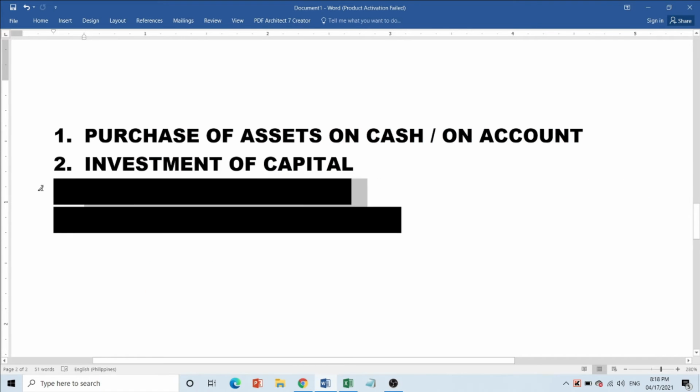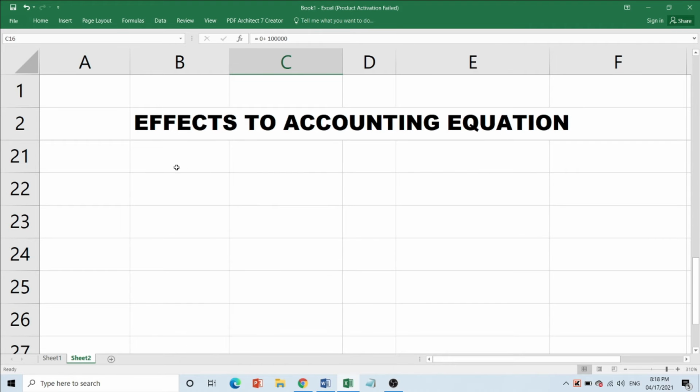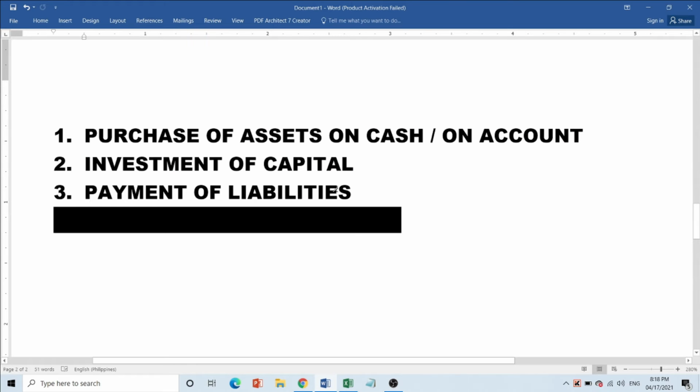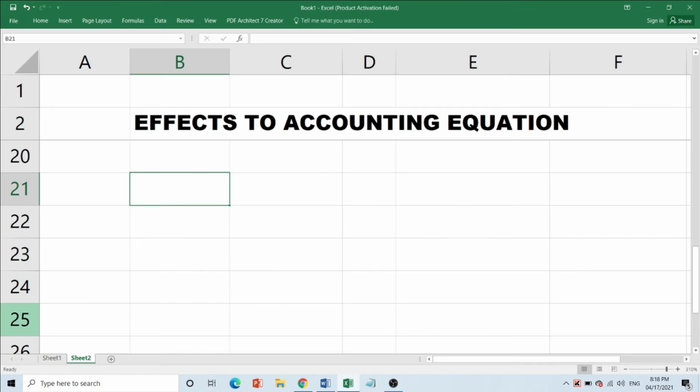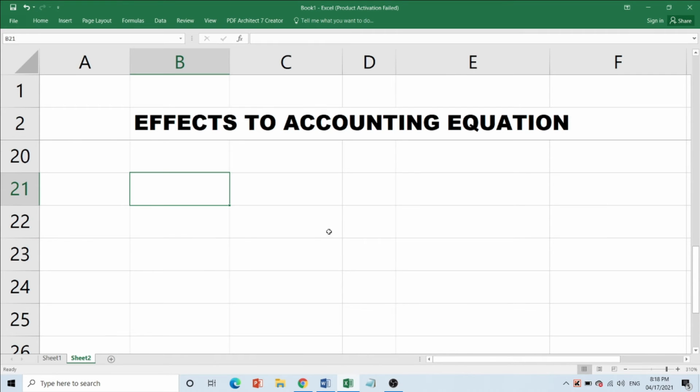Next transaction. Payment of liabilities. Okay. Payment of liabilities. Nagbayad ka ng utang. Nagbayad si company ng utang. Liabilities has a normal credit balance. Tama? Let's see. Liabilities has a normal credit balance. Since nagbayad tayo ng ating utang, mababawasan ang utang natin.